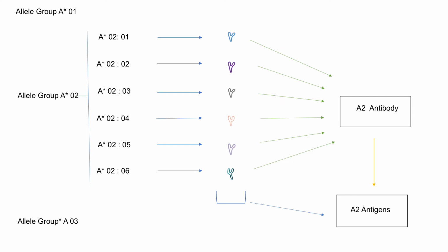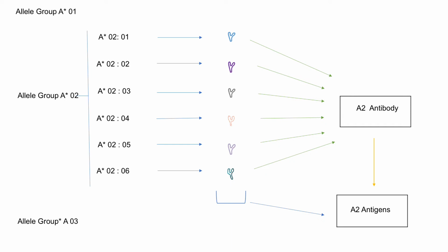However, in practice, we can identify HLA alleles at high resolution level, and that will tell us which HLA molecules a person has. So if we want to identify which exact HLA molecules a person has, then we identify HLA alleles at high resolution.